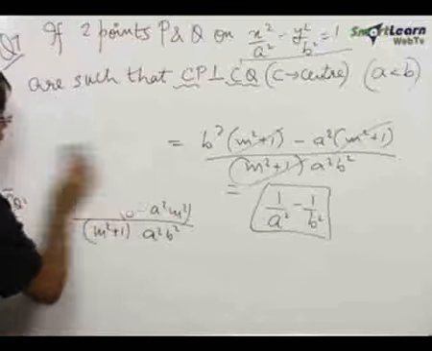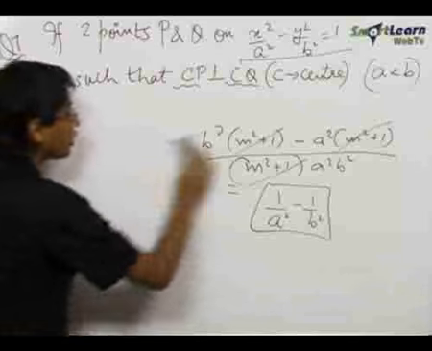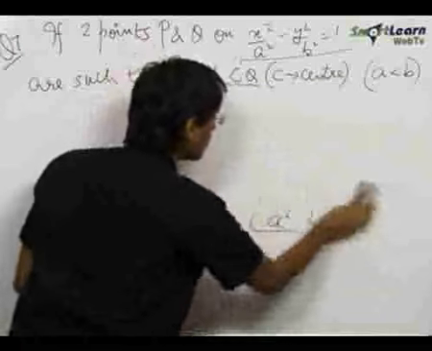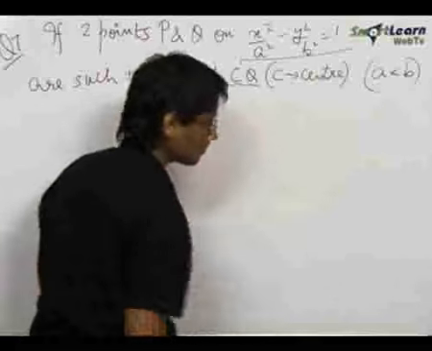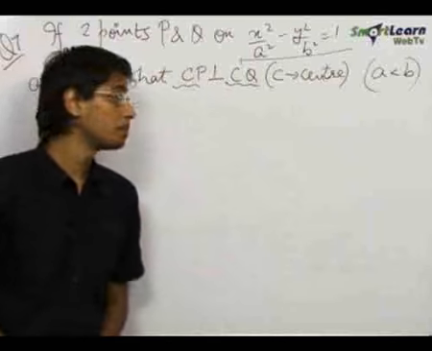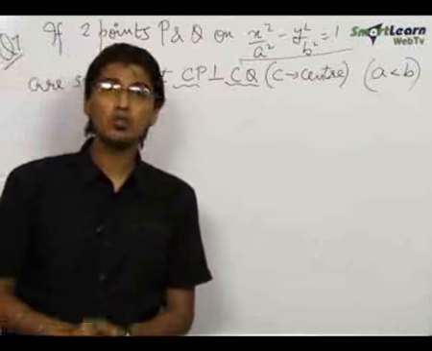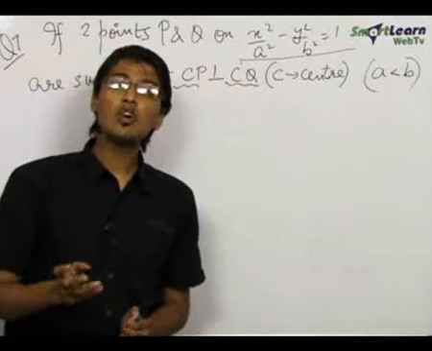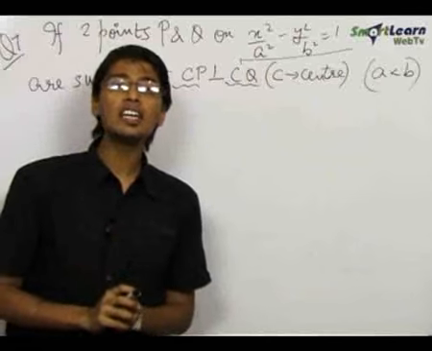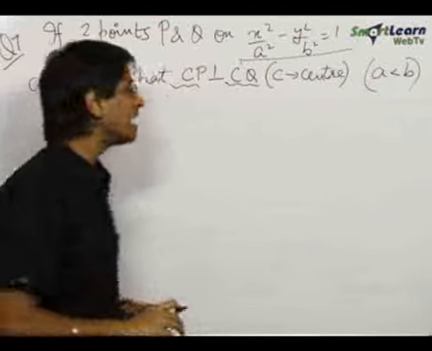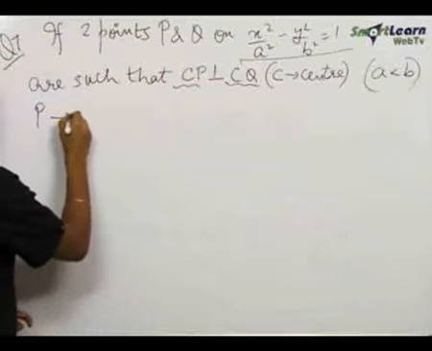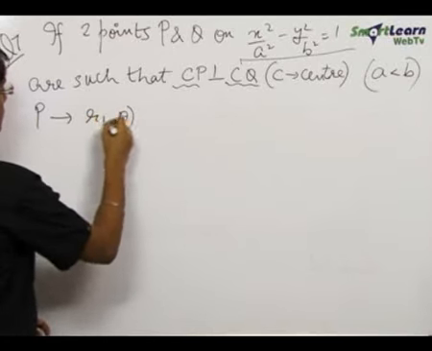Now there is an alternative way also, or rather a shorter way to solve this problem. Earlier we assumed the equation of CP to be y is equal to mx. Now we can solve this entire problem instead of taking the coordinates x and y, we can take the parameters of P to be r1 comma theta.